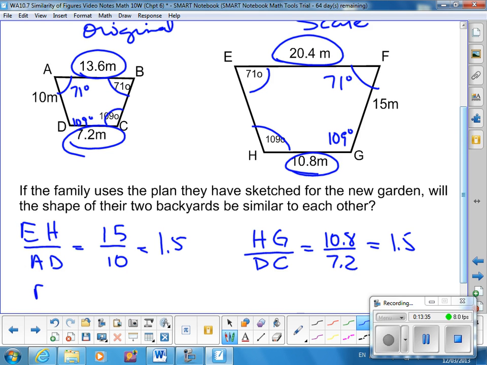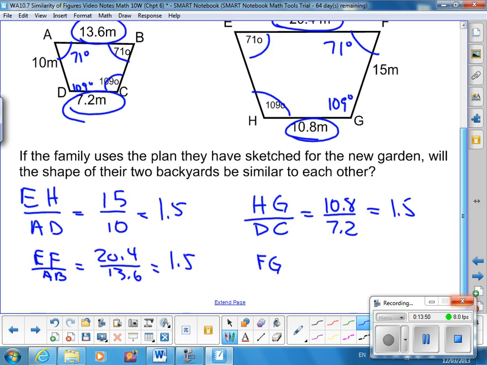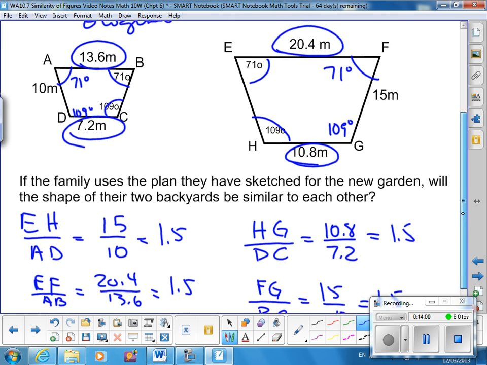EF is corresponding to AB, 20.4 divided by 13.6, and again the ratio is 1.5. FG corresponds to BC, so 15 over 10 equals 1.5. So our sides are all the same proportion, so yes, these two are similar.